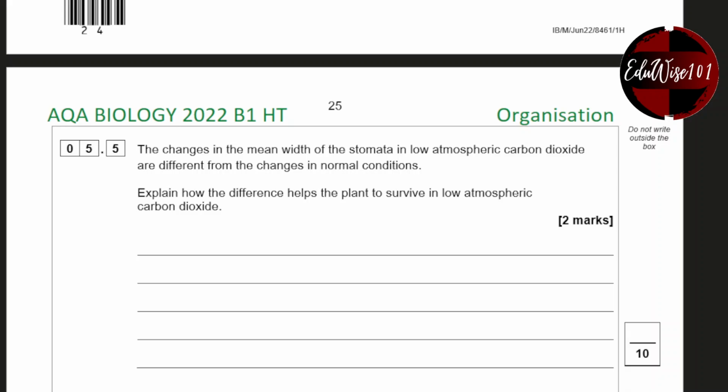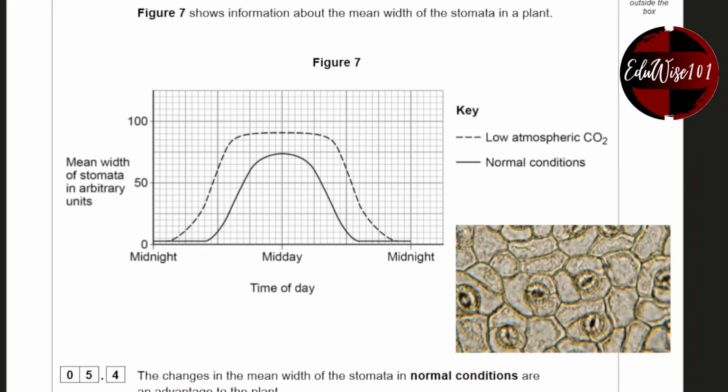Question 5.5. The changes in the mean width of the stomata in low atmospheric carbon dioxide conditions are different from the changes in normal conditions. Explain how the difference helps the plant to survive in low atmospheric carbon dioxide conditions. Now, in normal conditions, it's about 75% open.